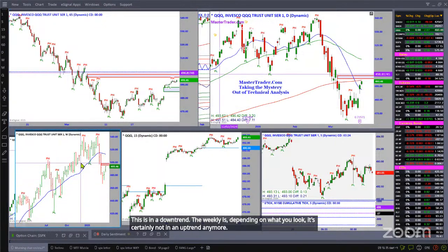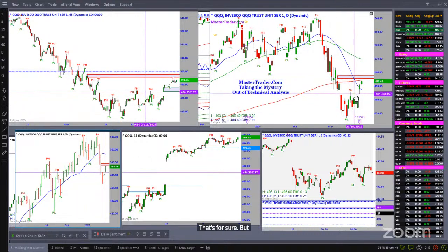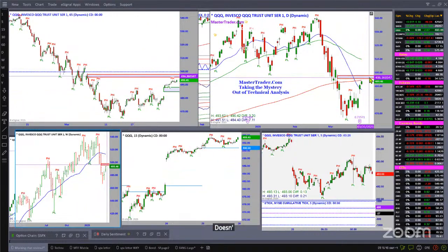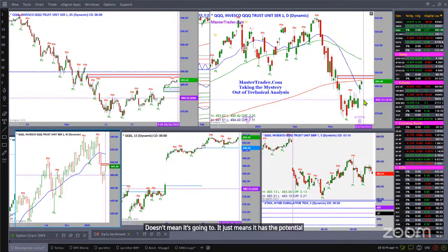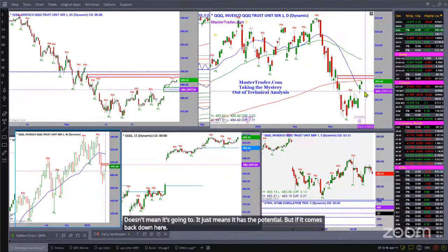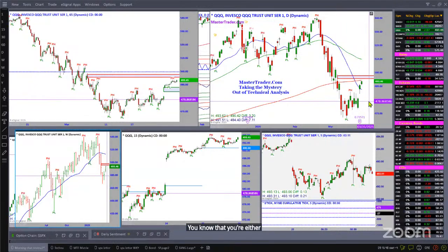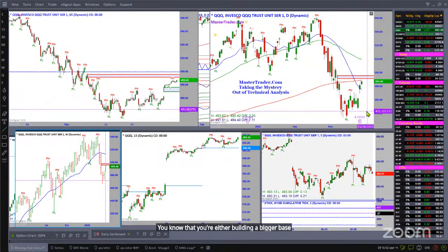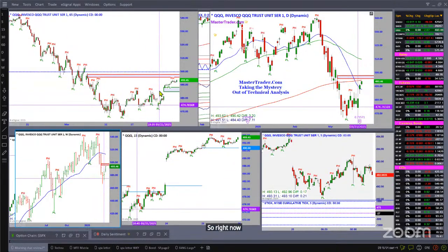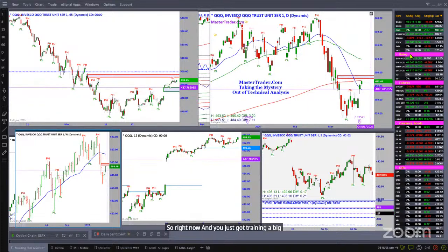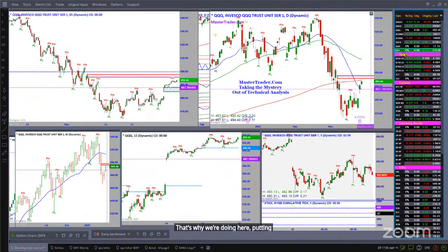That's for sure. But it has the potential to move up. Doesn't mean it's going to. Right? It just means it has the potential. But if it comes back down here, you know that you're either building a bigger base or it's going to break lower. So right now, you've got a big intraday trading range going on. So that's what we're doing here, putting things in perspective.